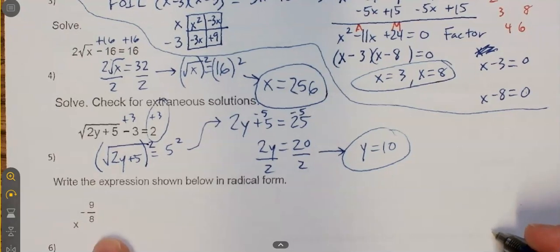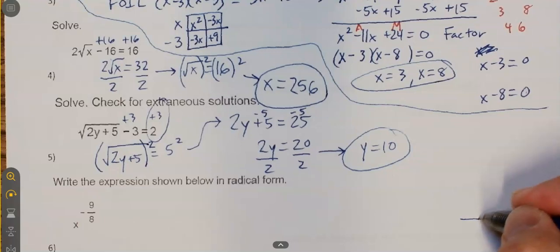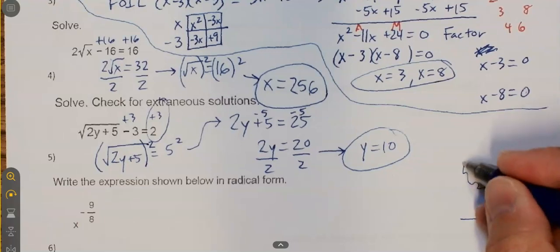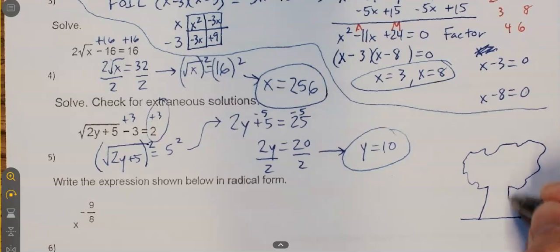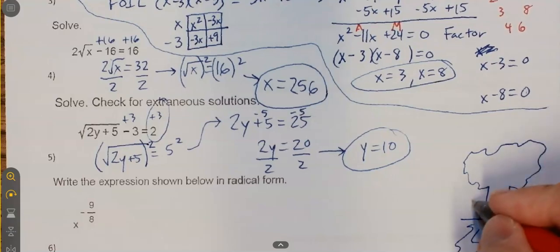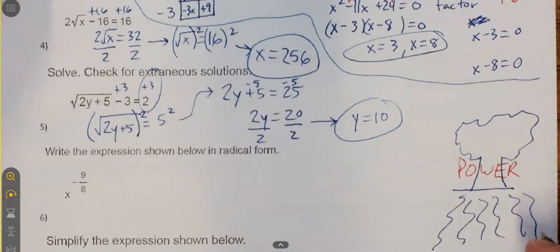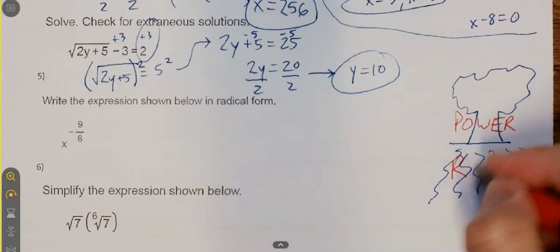The next question, I remember drawing a wonderfully beautiful picture of a tree. And under the ground of that were the roots. You're right. And the tree has power above the ground and roots below the ground.